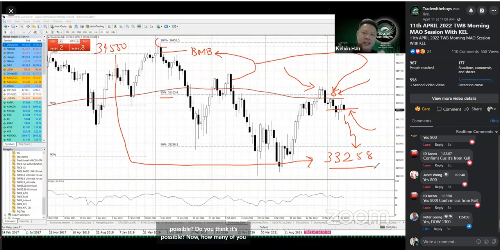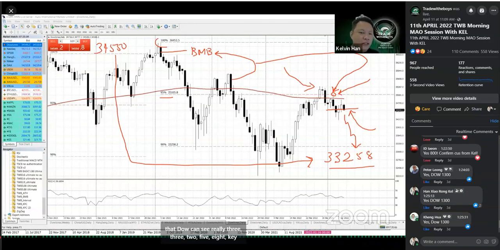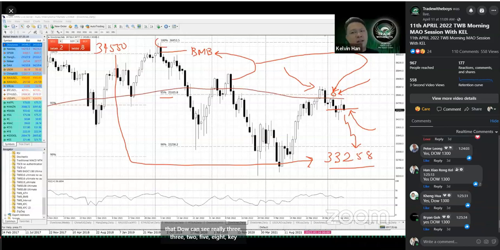Now, how many of you think that we can see 1,300? If you think that Dow can see 1,300 points, you do this, okay? Yes, Dow 1300. Okay, if you think that Dow can see really 33,258, key the word now.